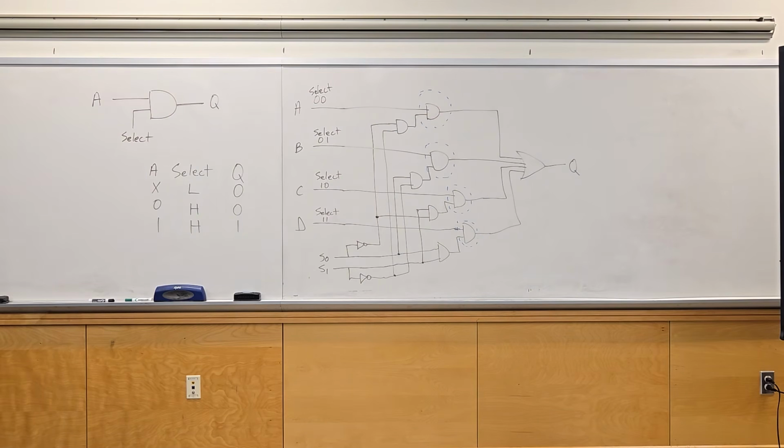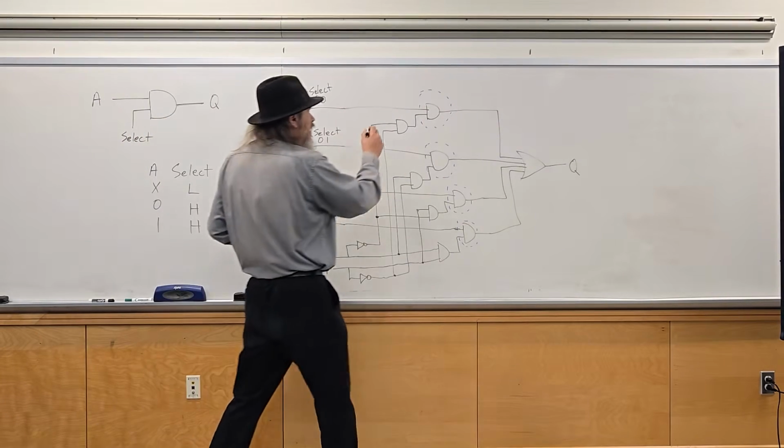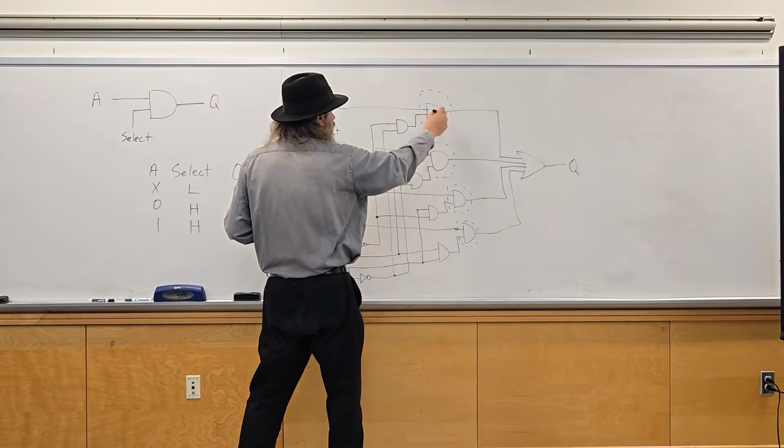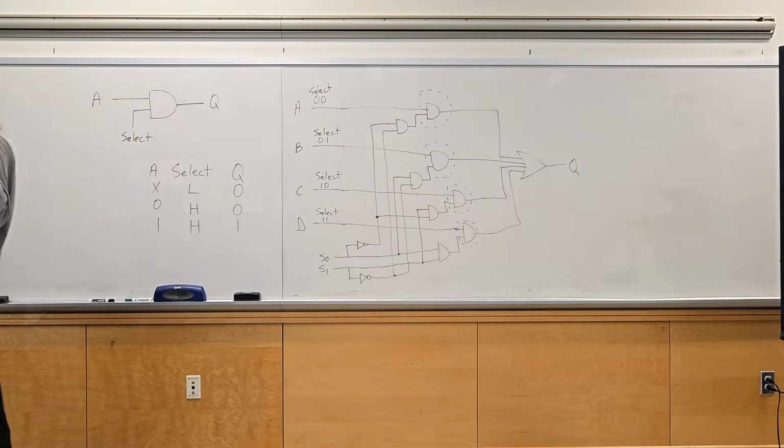You could graphically put all this in one 3-input AND gate, but I thought presenting it this way would be a little bit easier to visualize what's going on, how and why it's working.